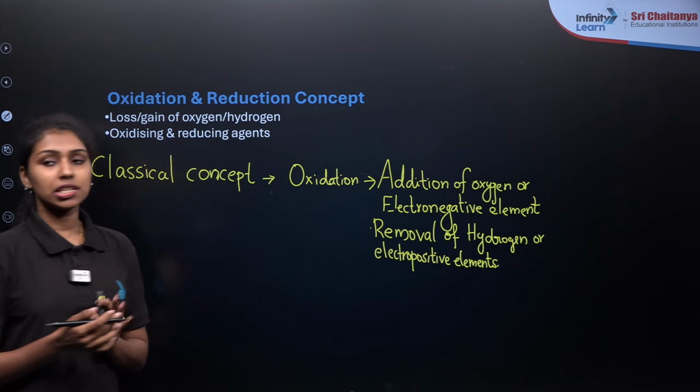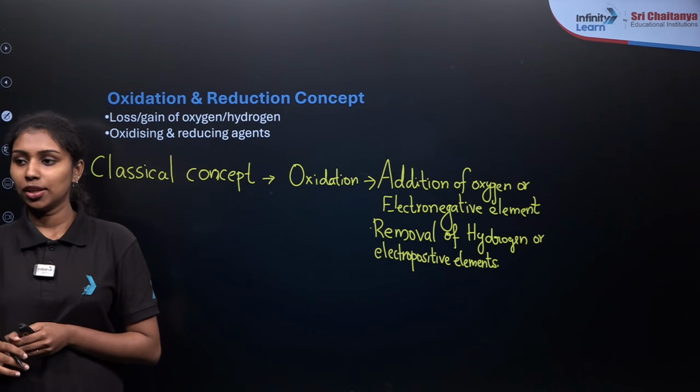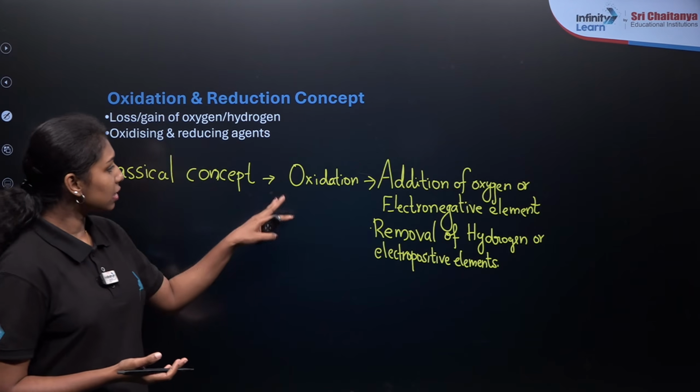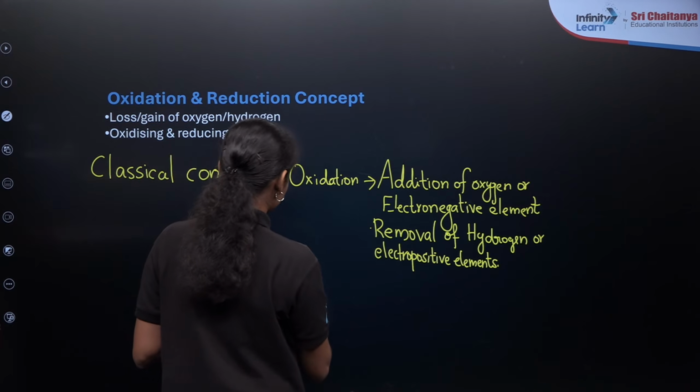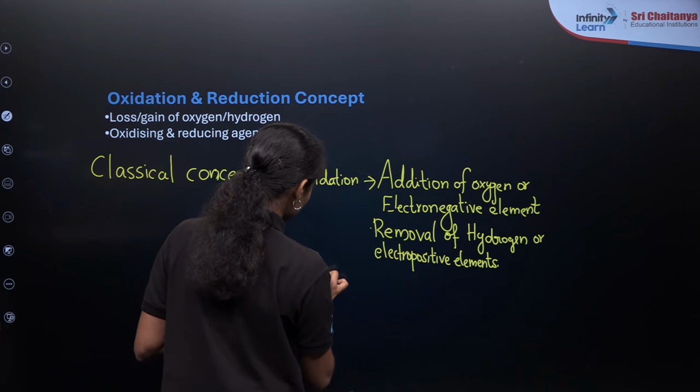Then how can we define reduction in terms of the classical concept? Okay, let's talk about the oxidizing agent. Once we complete oxidation, we will be discussing the oxidizing agent. So reduction means the reverse of oxidation, right?